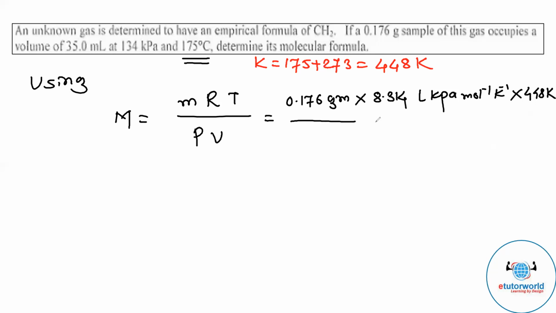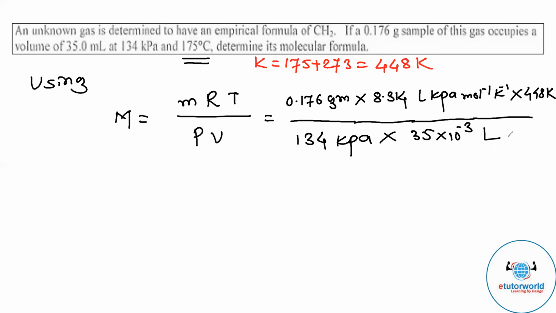Whole divided by, and as I mentioned, units are very important, 134 kilopascal. Volume should be in liter: 35 multiplied by 10 raised to minus 3 liter. Right? If you observe carefully, kilopascal gets cancelled, liter gets cancelled, even the Kelvin gets cancelled.